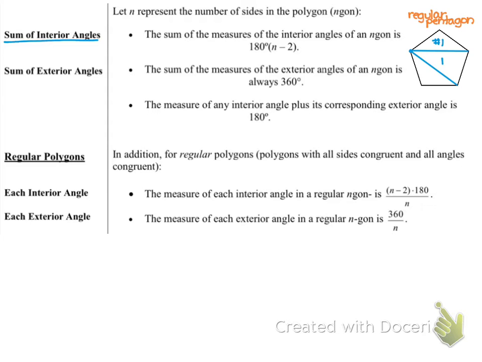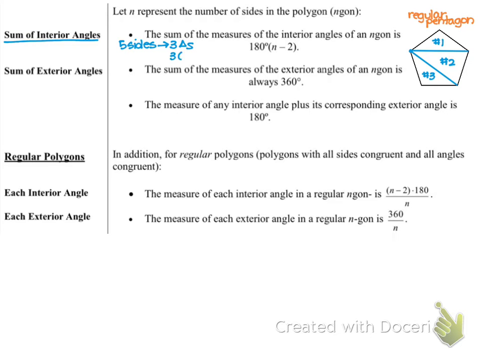This is going to give me triangle number 2. You'll notice that by creating that, I also created triangle number 3. So in my 5-sided shape, I ended up with 3 triangles. So 5 sides gives me 3 triangles.